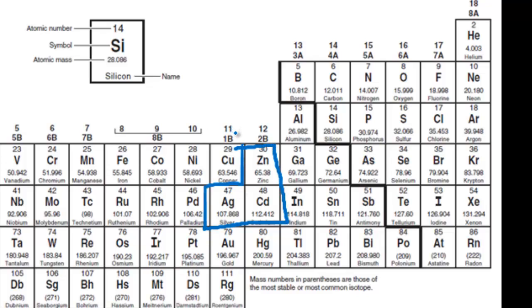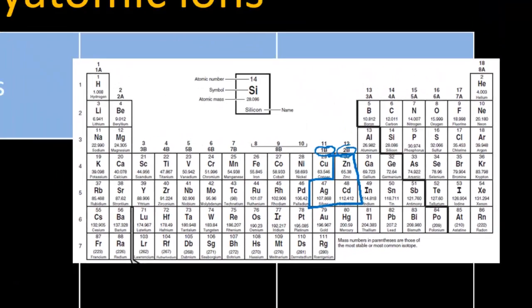You can just remember their oxidation numbers. Silver will have a 1 oxidation number, +1. Zinc and cadmium always have 2. So these are the ones that do not have to have the Roman numerals behind them. So zinc has a +2 oxidation number.